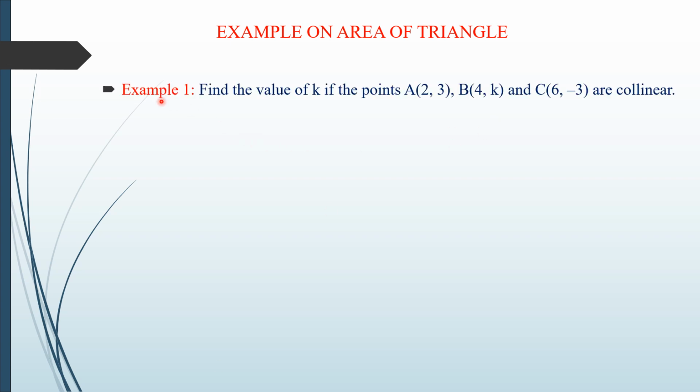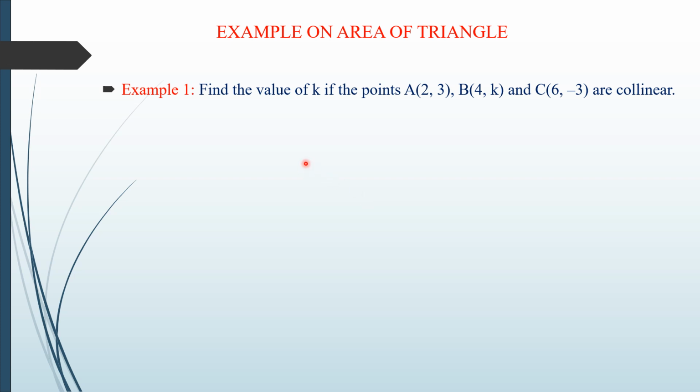Coming to the last slide of this presentation, that is some more examples on area of triangle. Here, find the value of k if the points A (2, 3), B (4, k) and C (6, -3) are collinear. This is a question that has been frequently asked in the class 10 question papers previously.